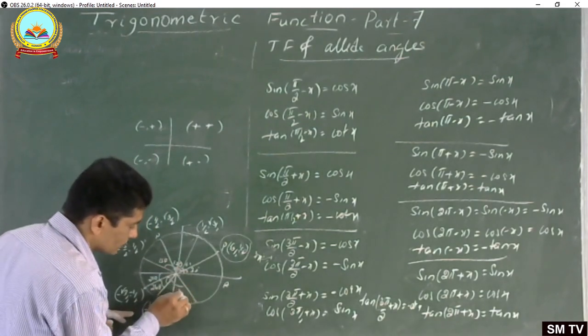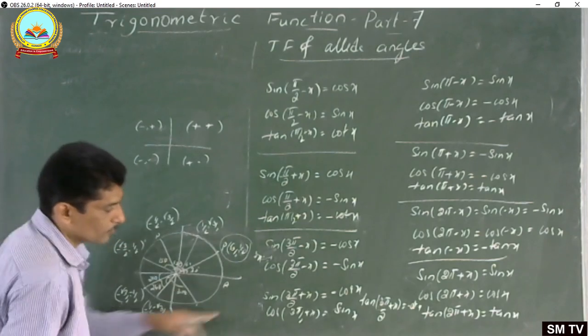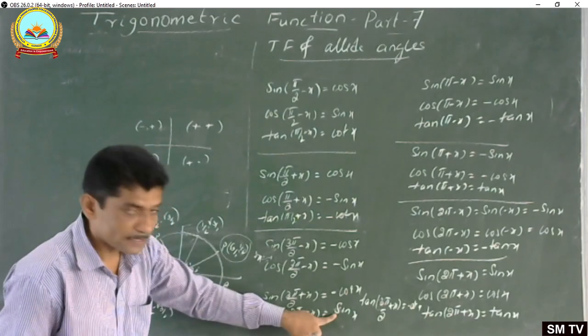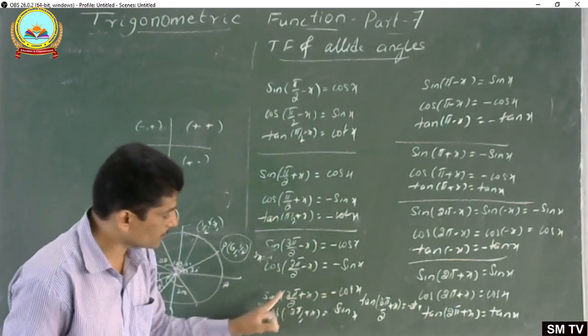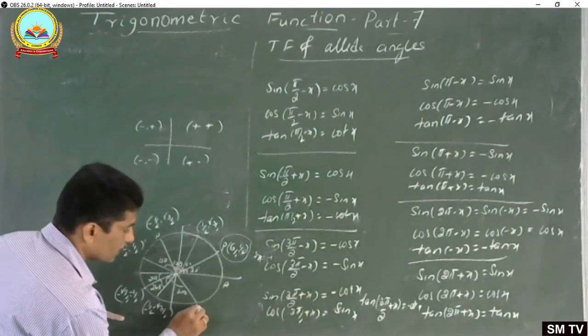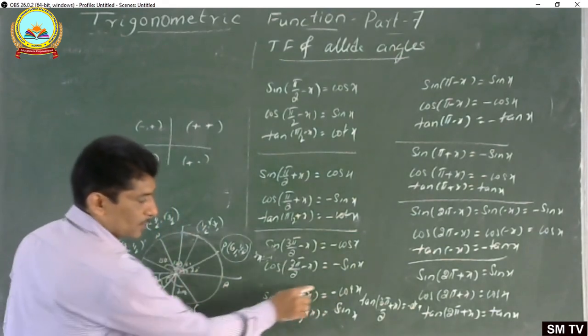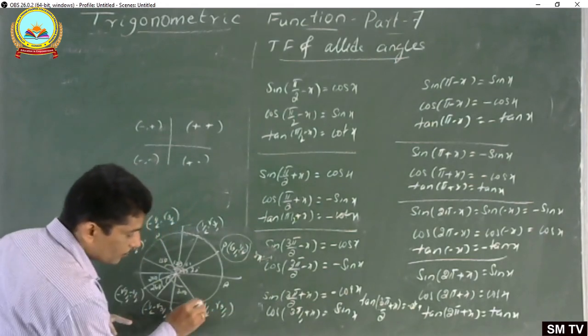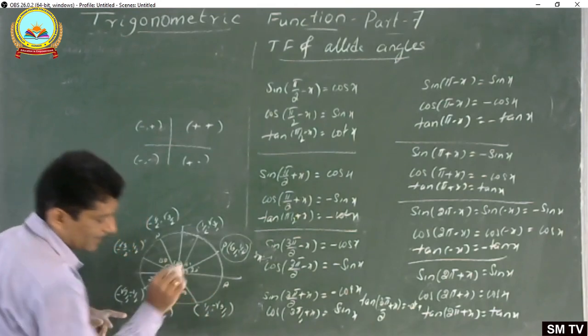This value is equal to 300 degree. Sin and cos coordinates changed. The y coordinate is negative and the x coordinate is positive: cos positive, sin negative. So the point interchanges to 1 by 2 comma root 3 by 2. Here cos is positive, sin is negative.